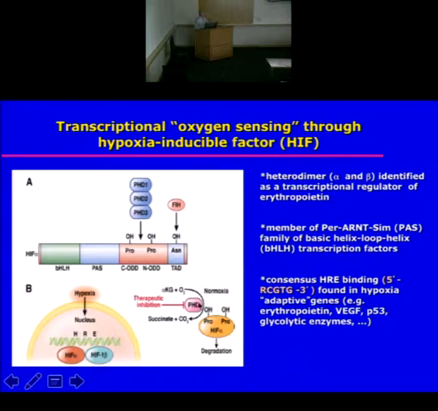When oxygen is no longer available under hypoxic conditions, these hydroxylases are inhibited, and hypoxia then results in the stabilization of this protein, translocation to the nucleus where it binds to HIF-1 beta and drives the transcription of multiple genes.